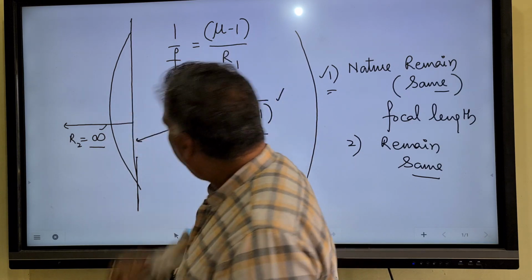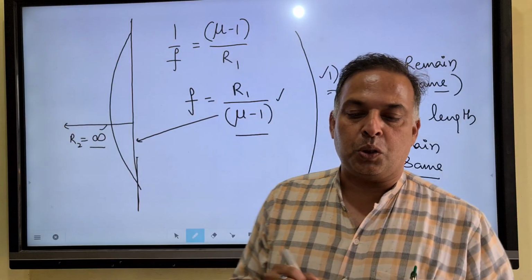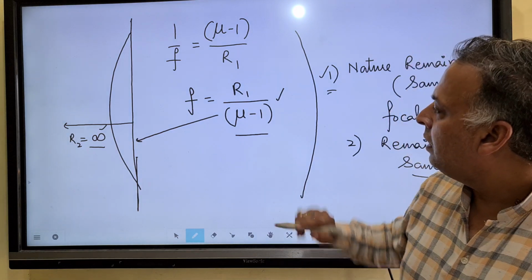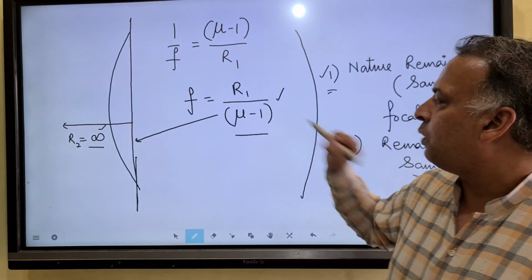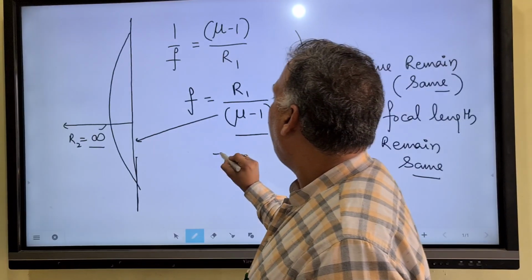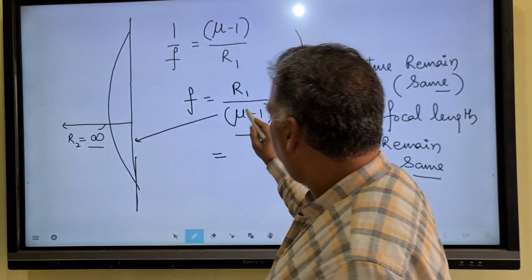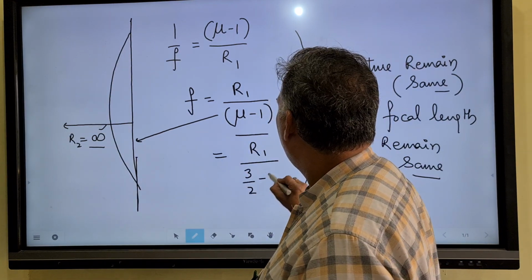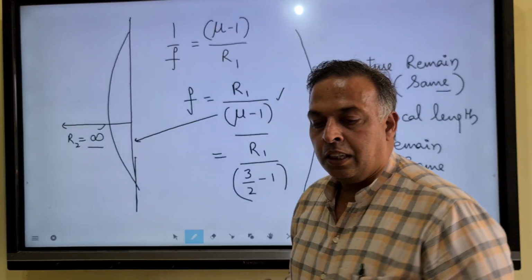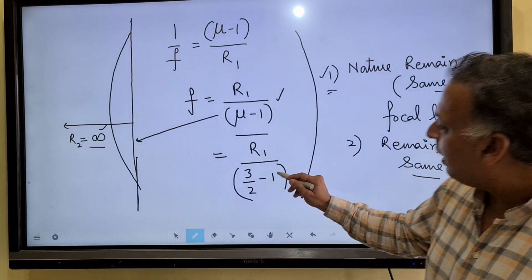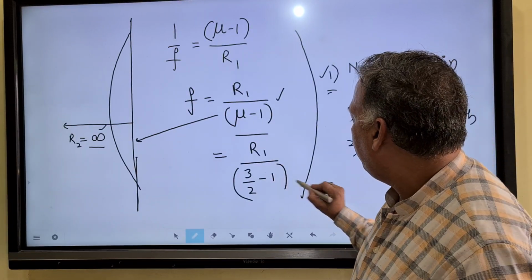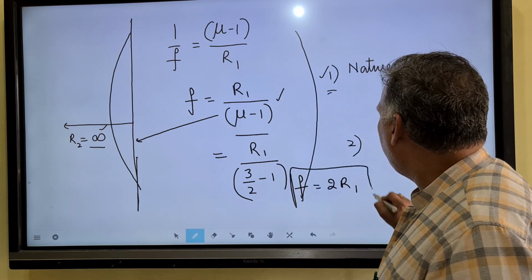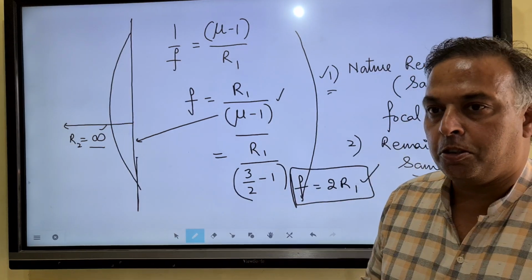If you cut it in this way, the focal length becomes this. With refractive index 3 by 2, f is r1 upon 3 by 2 minus 1, which is 1 by 2, so f becomes equal to 2 r1, double the radius of curvature.